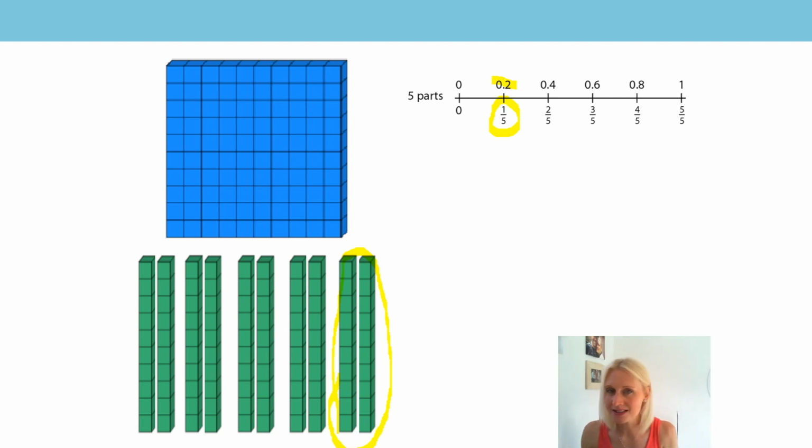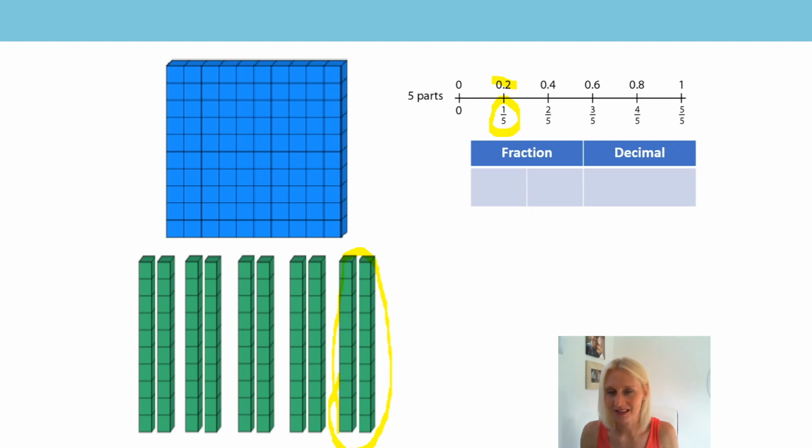How many tenths? 2/10. Well done. So how do we write that as a fraction, and how do we write it as a decimal? So this we've got here, but we also have another fraction that you may have written down, or you may be thinking it now, and the decimal will help us out.